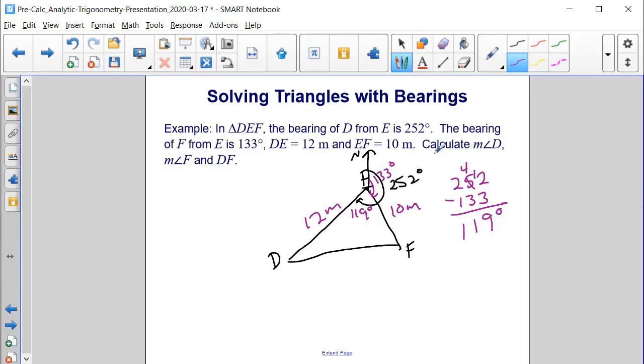What we have to calculate is the measurement of angle D over here, the measurement of angle F over here, and the length of DF.